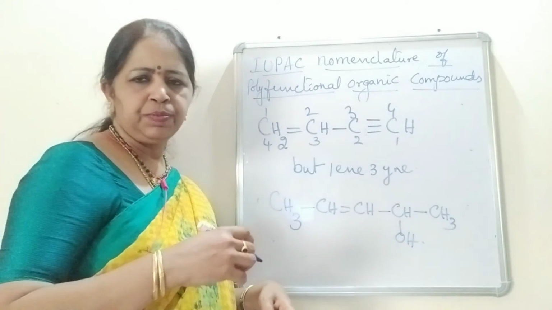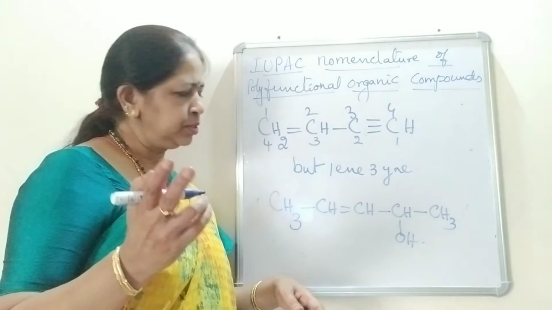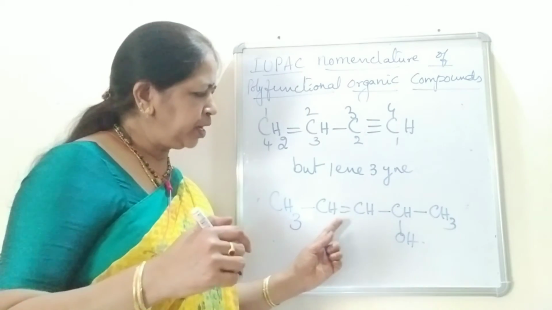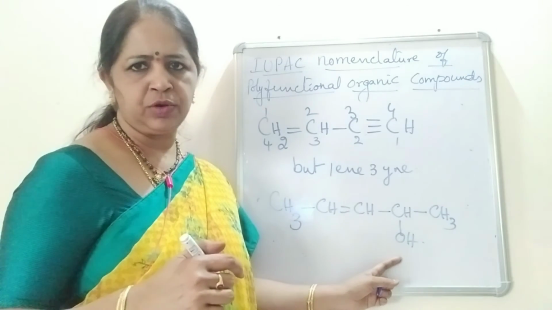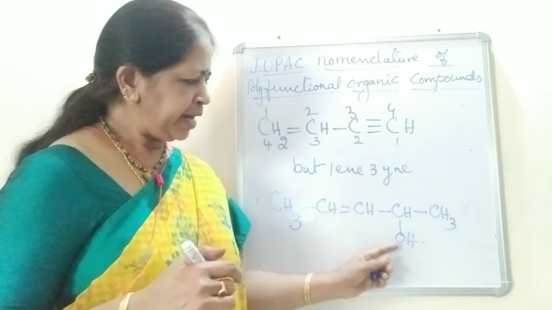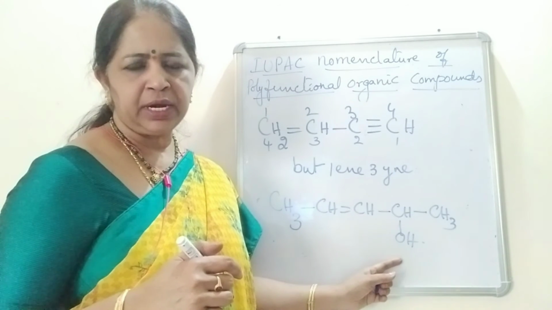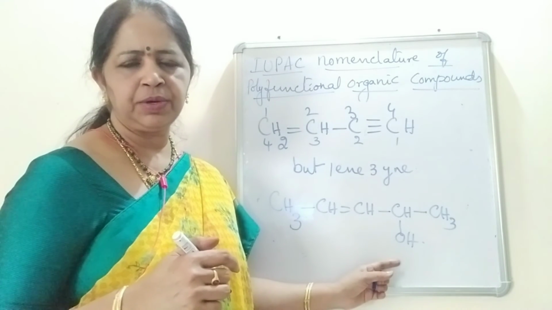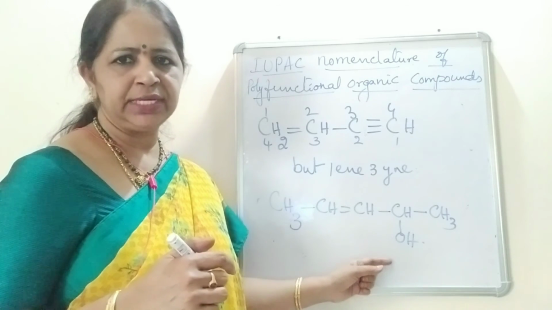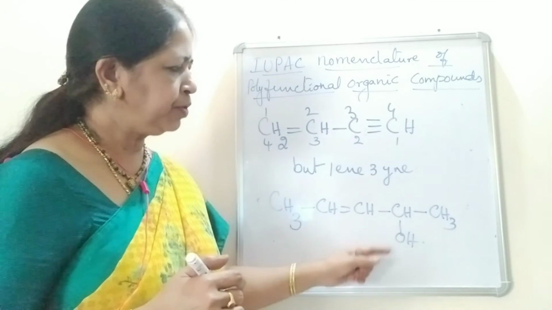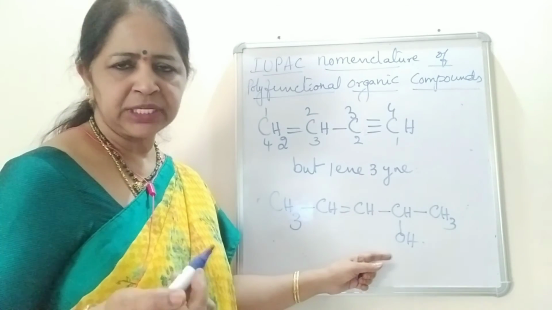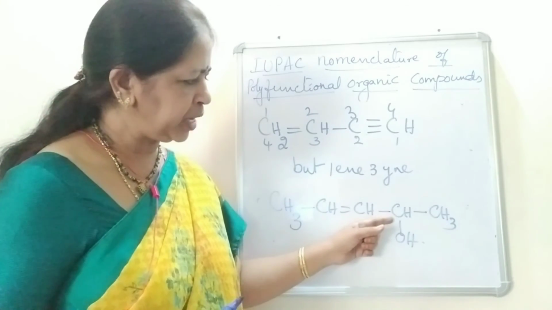What is the functional group here? There are two functional groups, the double bond and hydroxyl group. Hydroxyl group will be given the first priority because hydroxyl group is responsible for the characteristic properties of this compound. So, we have to give least possible number to the functional grouping carbon.